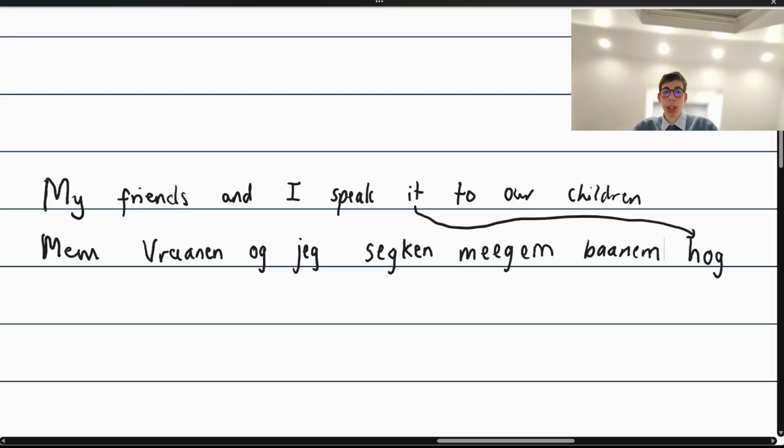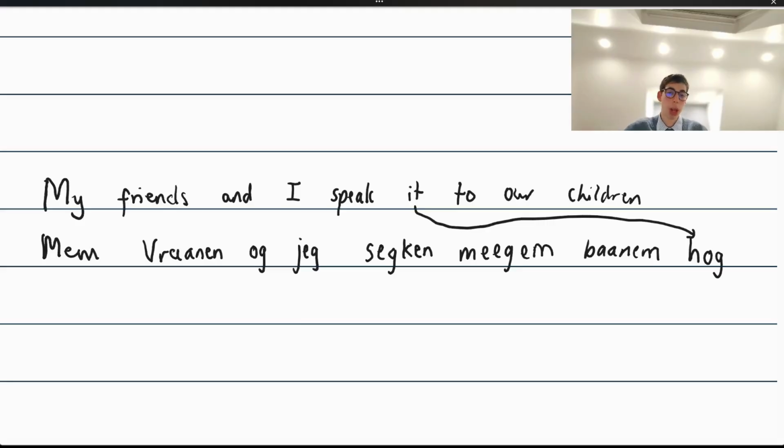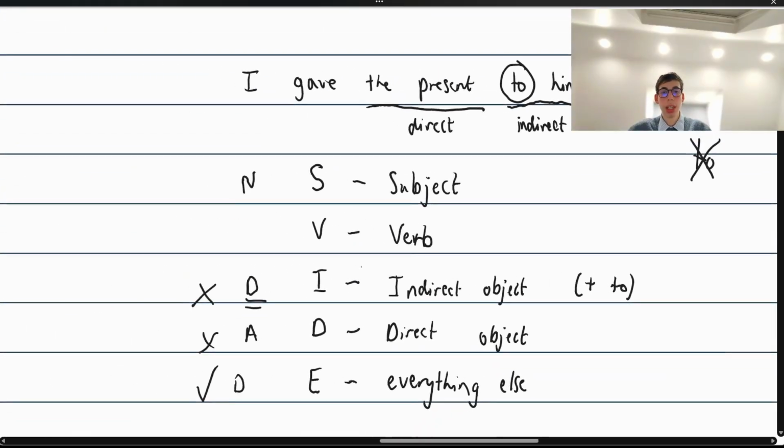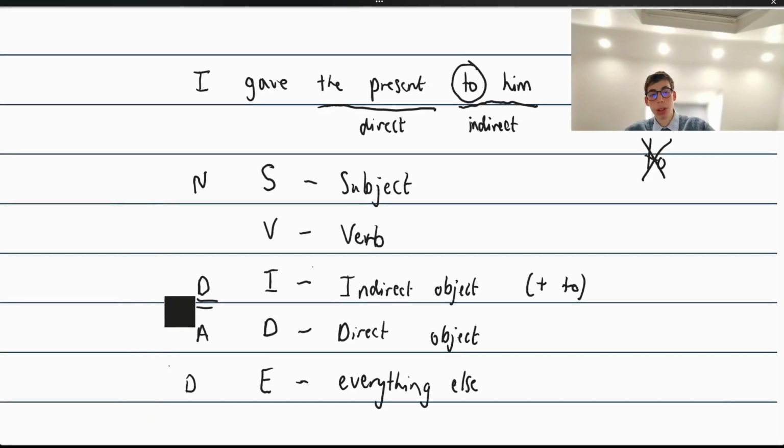Now, that is as difficult as word order is going to get for now. There's other things we can throw in there, time phrases, place phrases. But if you get the fundamentals up here, let me rub out the things you don't need.